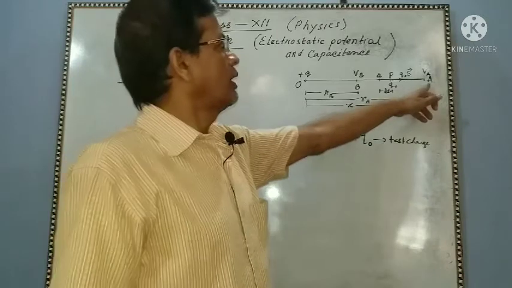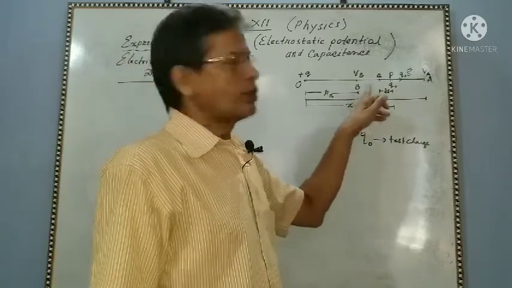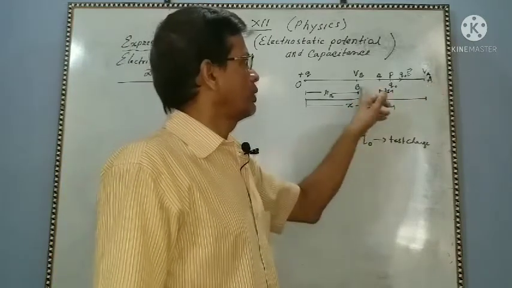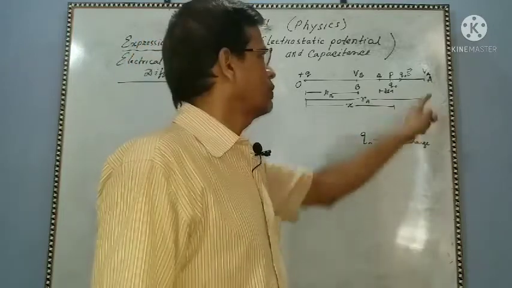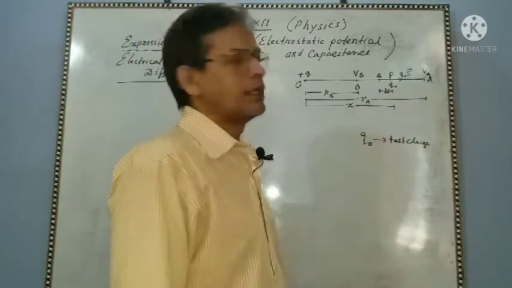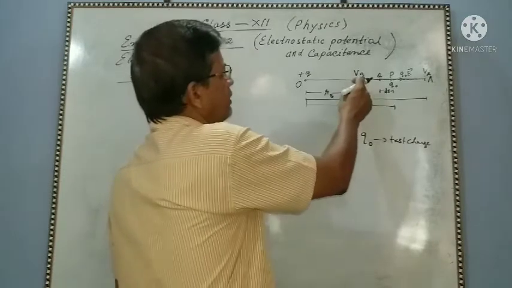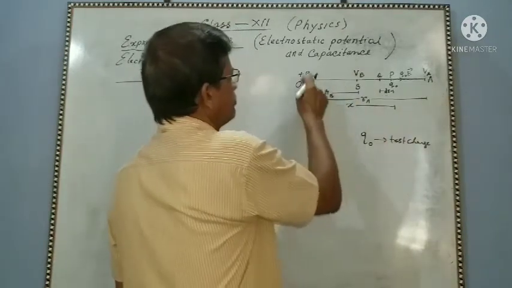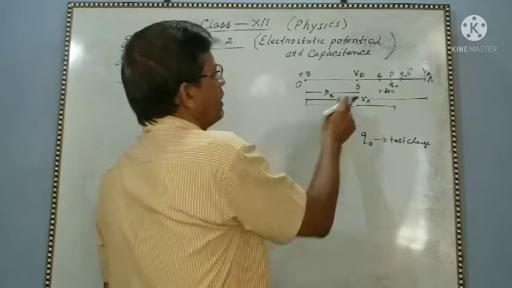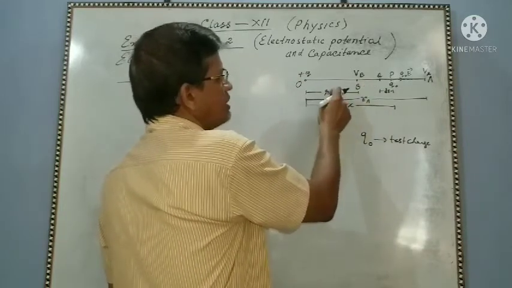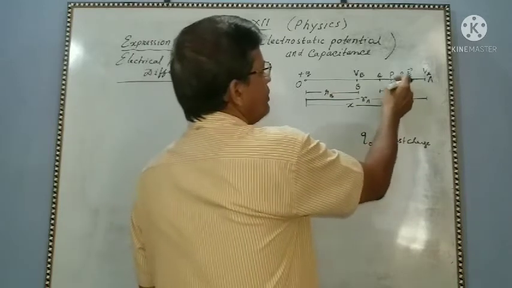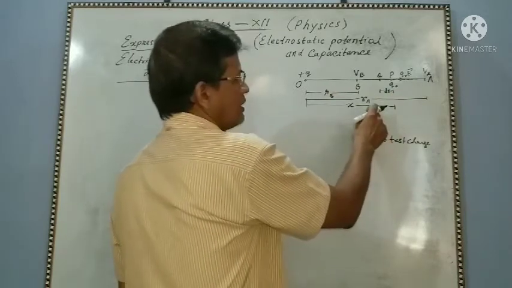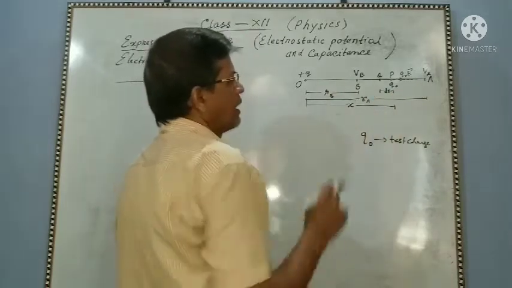We are taking this test charge from point A to point B. Our aim is to find the potential difference between point A and B. The distance of point A from O is RA, the distance of point B is RB, and the distance of point P is X.